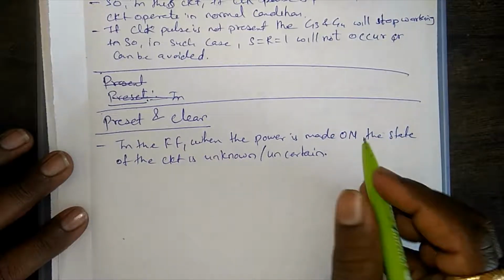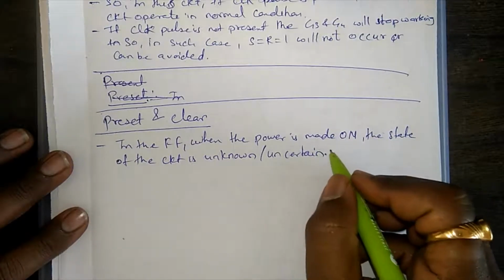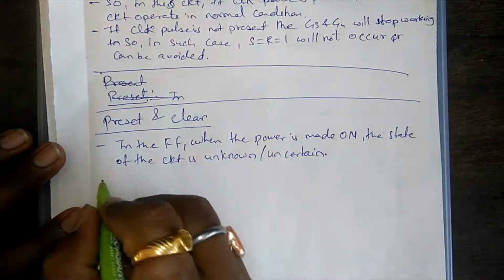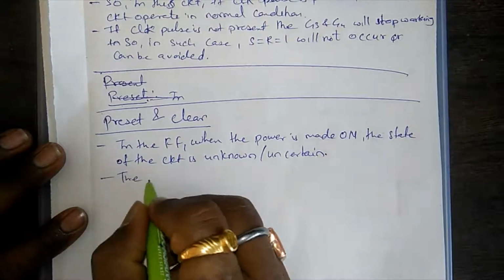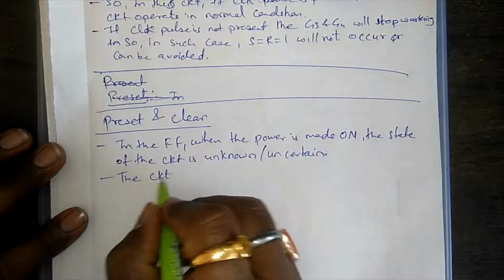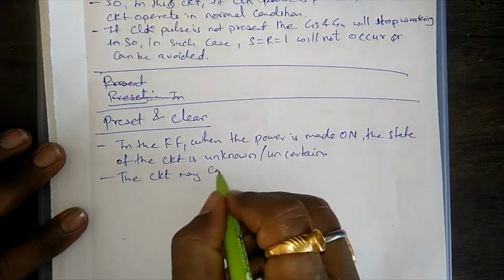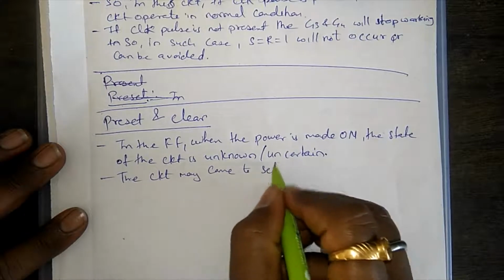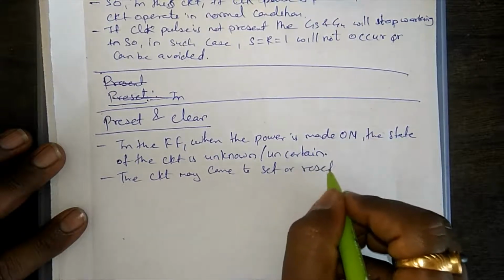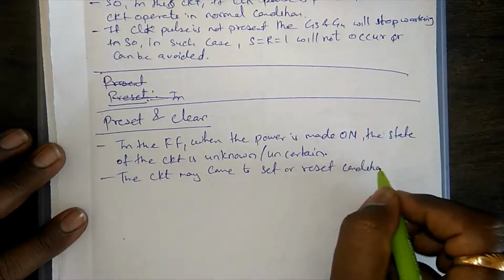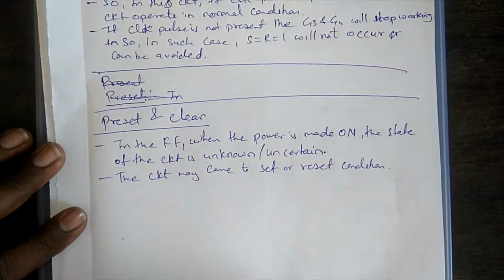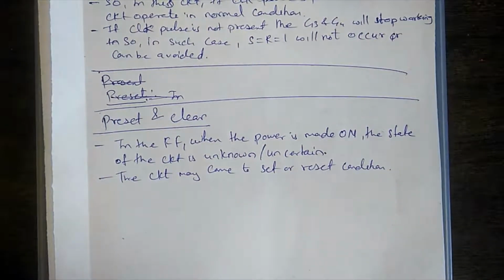Maybe the circuit, I'm writing the short form CKT, may come to a set or reset condition. So when the circuit is in an unknown or uncertain condition, it may be in a set or reset condition.